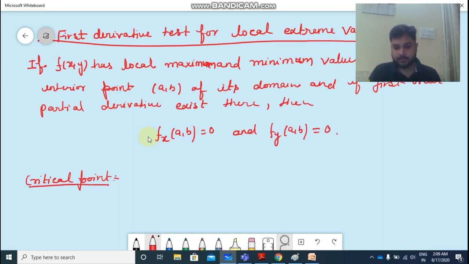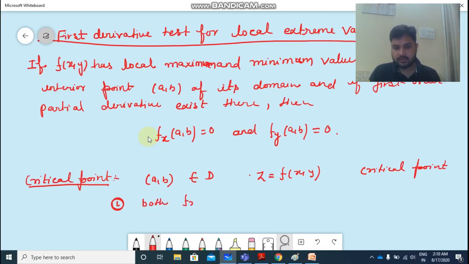An interior point (a,b) of domain D of function z is equal to f(x,y) is called a critical point if both first partial derivatives, that is f_x and f_y, exist and both are equal to 0.